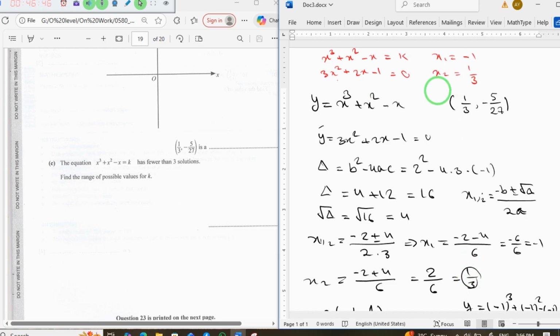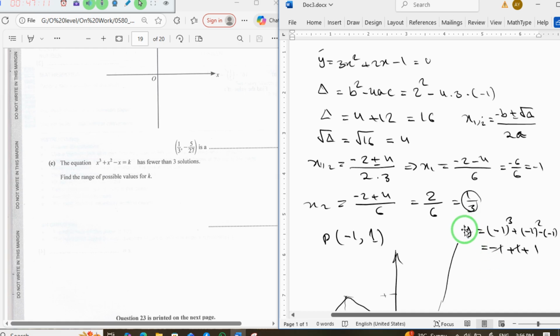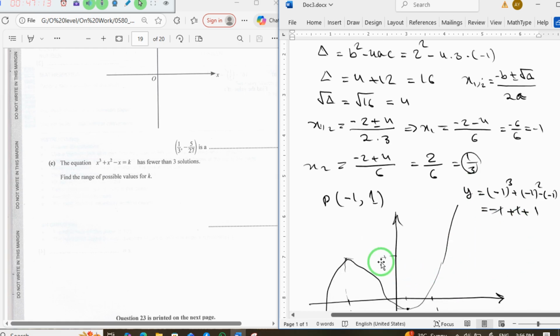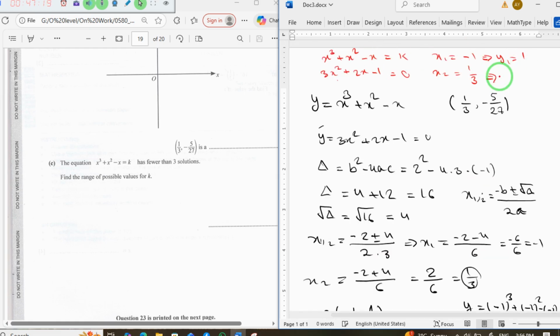So y1 is, here we calculate, 1, and y2 is minus 5 over 27.